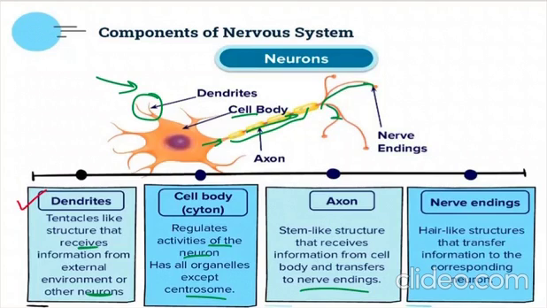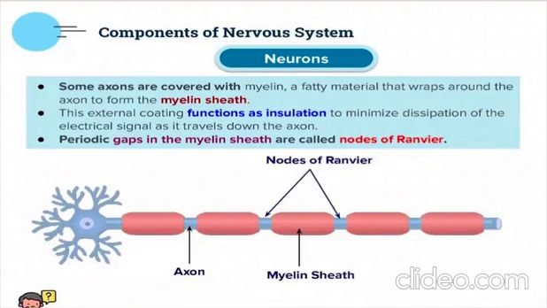There is no specific function of the axon, it transports the information. Now, nerve ending, also known as axon ending, are these hair-like structures that transfer information to the corresponding neuron. Whichever neuron is connected over here, it will give the information. Now, as I said, we have a few more things, that is the myelin sheath. Now, what is it?